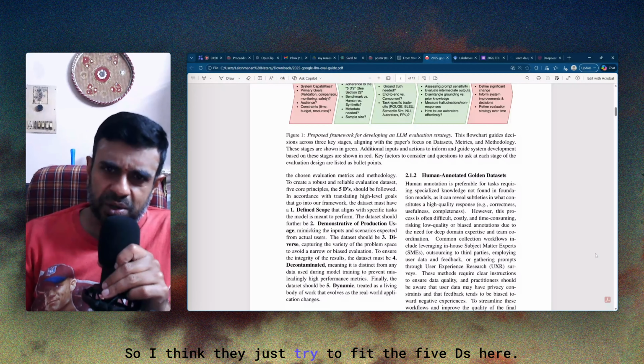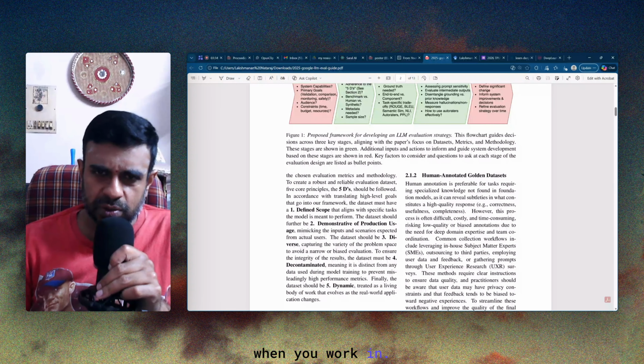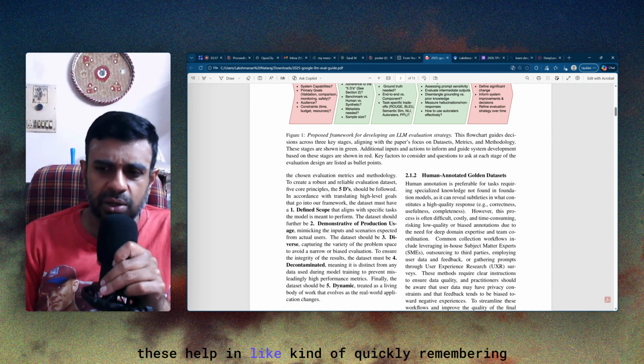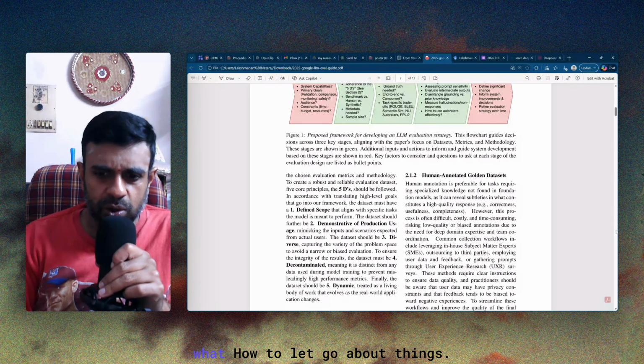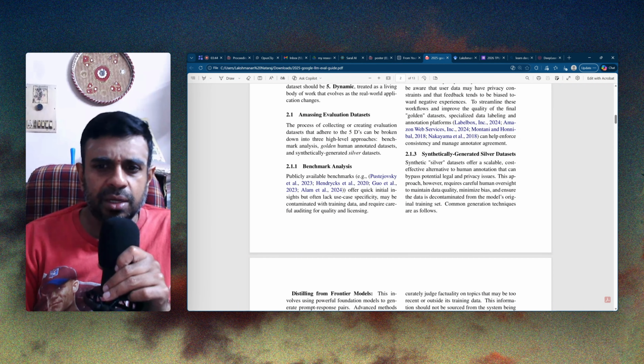I think they just try to fit the 5 Ds here, but when you work in these types of systems, these help in quickly remembering how to go about things, right?